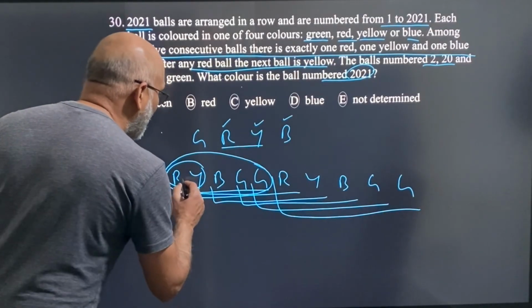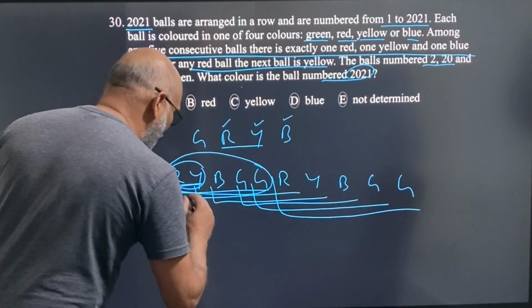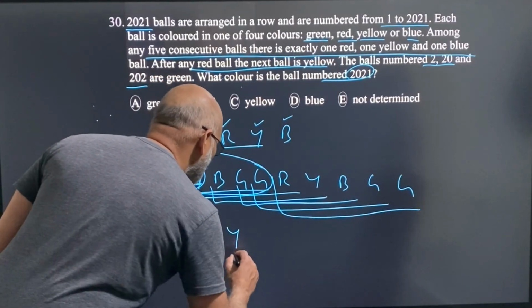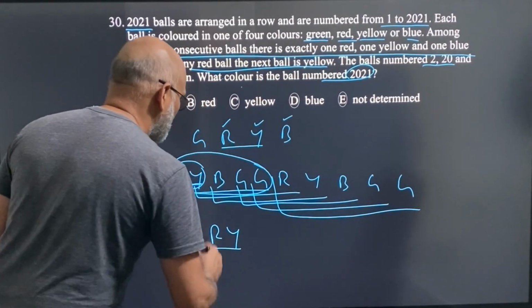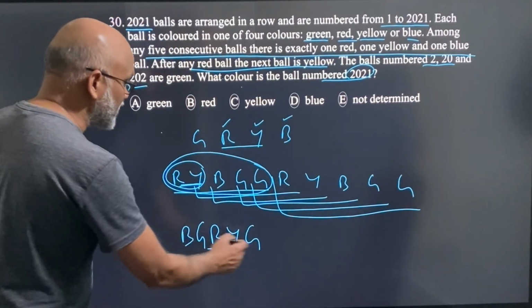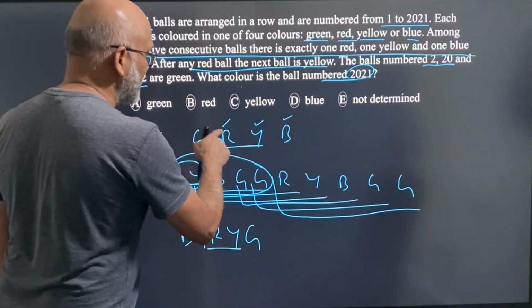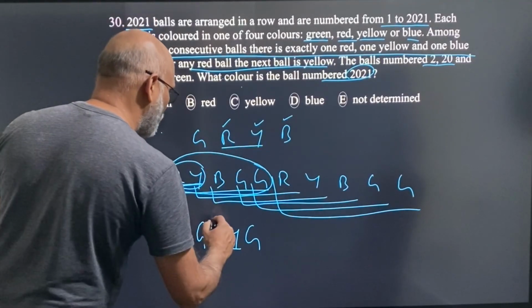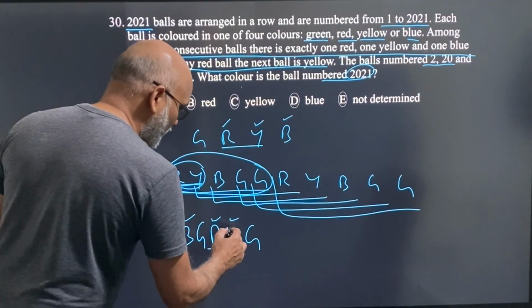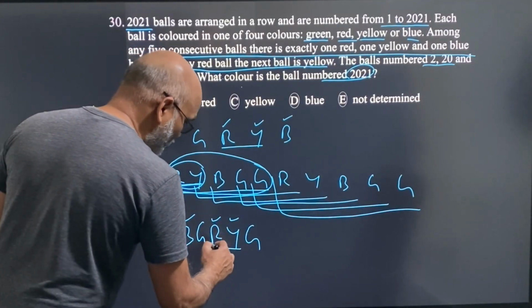Let's say, for example, I just know that red and yellow have to be together, so I can start with a blue, and maybe red, yellow are together, or maybe put a green here, because I know that in the first 5, there has to be exactly one red, one yellow, and one blue, and yellow is next to red.